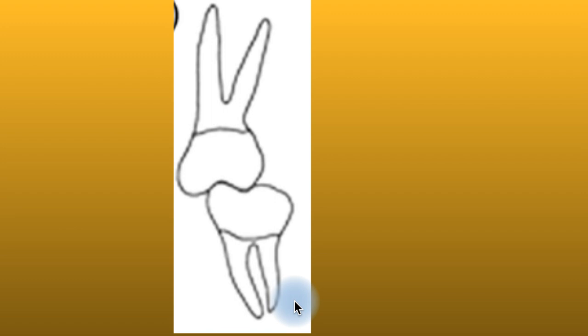So here we have a simple two-dimensional image of the first molars relating to each other. And we can think about that lower molar, which is attached to the mandible, which is the moving aspect of this relationship, as it having its own envelope of function. That's normal. That's this green triangle here.